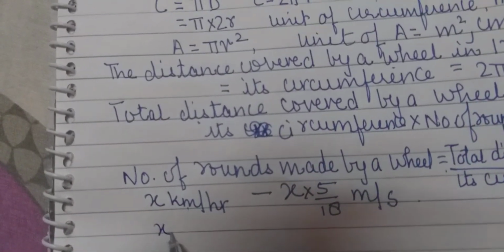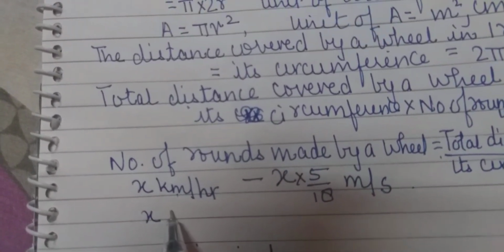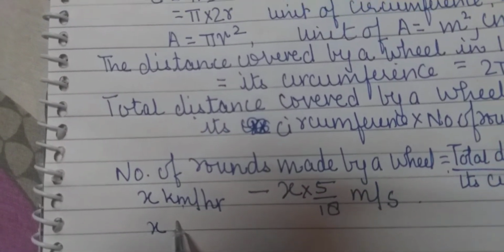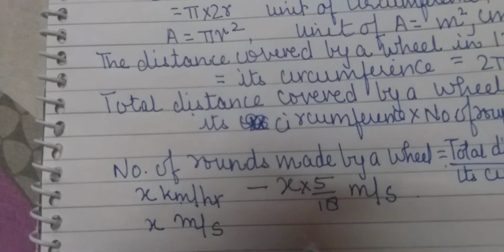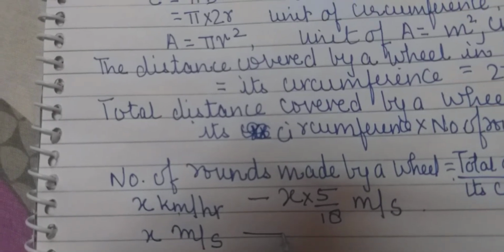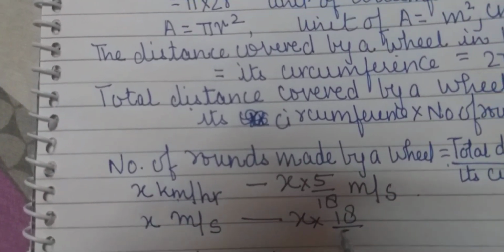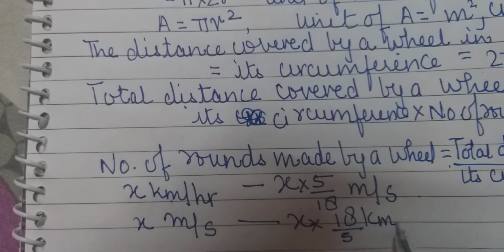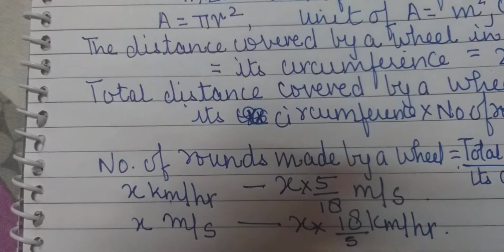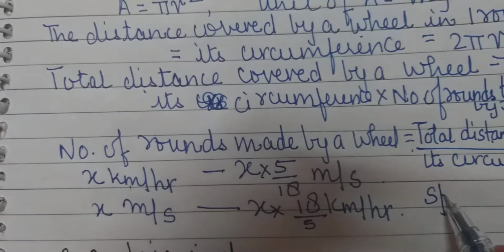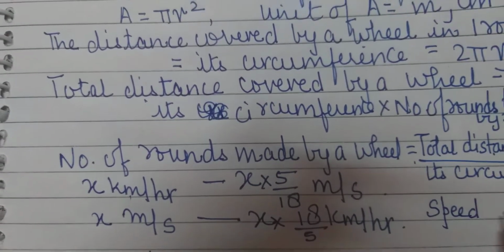If my speed is x meter per second and I want to change that to kilometer per hour, it will be x into 18 upon 5 kilometer per hour. And you all have studied what is speed.